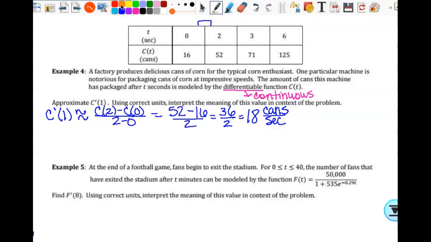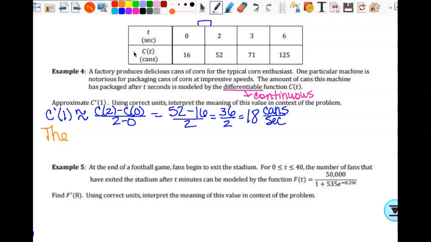So I found it, and then it says, using correct units, interpret the meaning of this value in the context of the problem. So you have that other piece of paper if you want to look at it, how we start. So c prime of t is how c is changing, and c is what? Number of cans, okay?